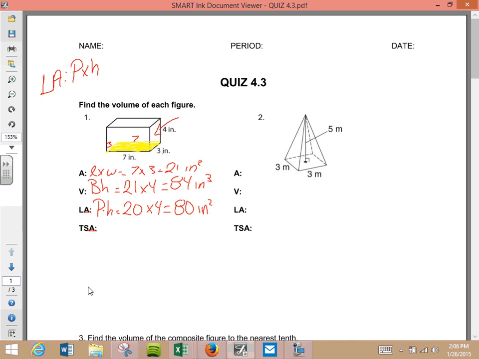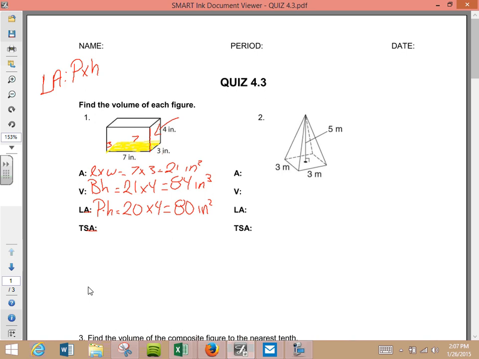Which one? Where the 7 is? Yeah, like this right here? It is 4. But we're not using that. It's the same thing.